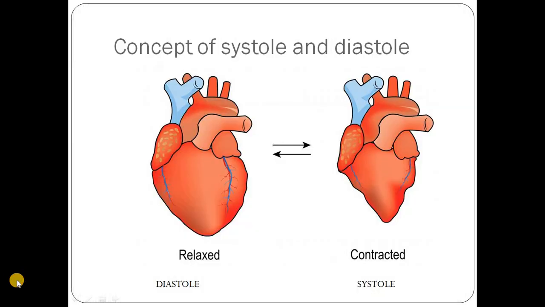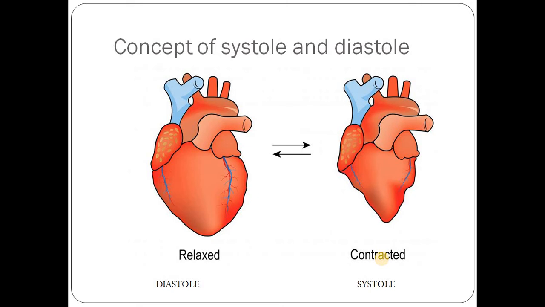When we say diastole, it means relaxed, just remember that. Diastole means relaxed and systole means the contracted state of the heart. We know that we have the upper chambers and the lower chambers of our heart, that is the atria and the ventricles.